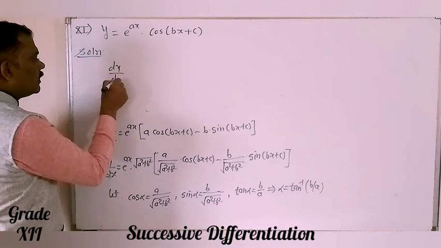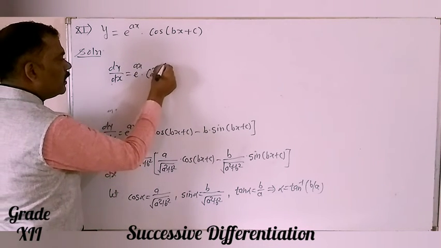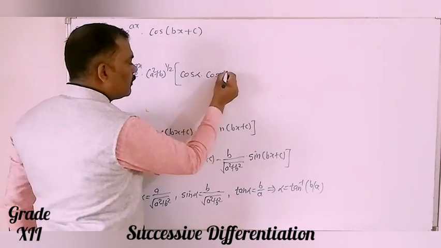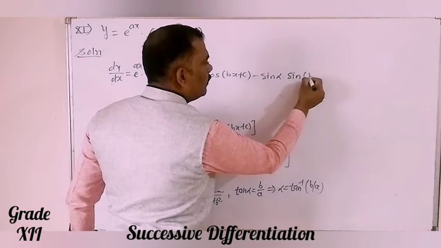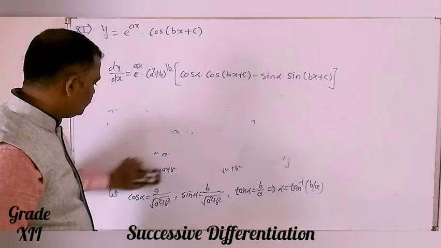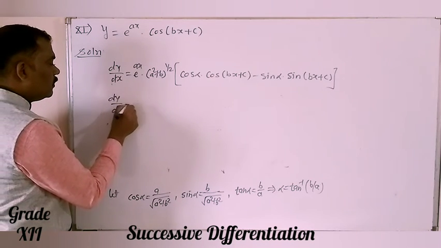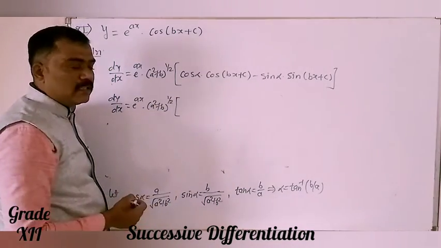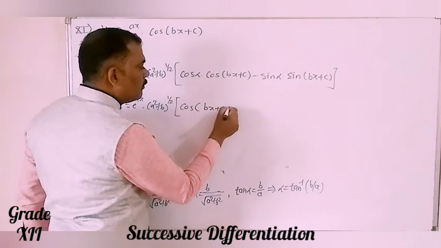So dy by dx is equal to e raised to ax into (a square plus b square) raised to 1 half into bracket, cos alpha into cos of (bx plus c) minus sin alpha into sin of (bx plus c). This is nothing but the formula of cos (A plus B), so we get cos of (bx plus c plus alpha).